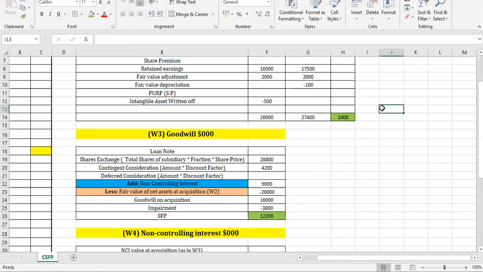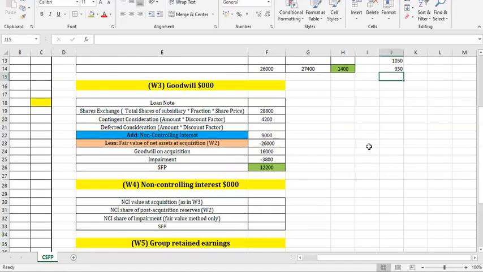What is the share? It's equal to 1,400. The parent's percentage is 75%, 0.75. It gives you 1,050, and the remaining is this minus this, which gives you 350. So NCI value at acquisition was 9,000.